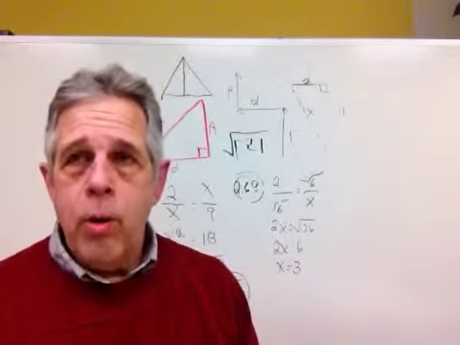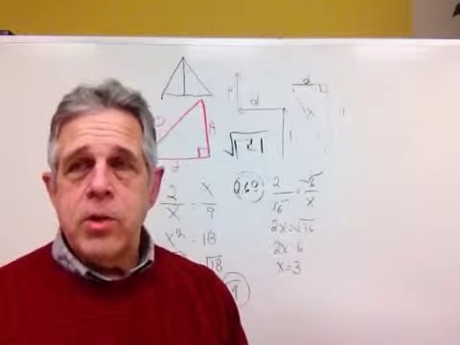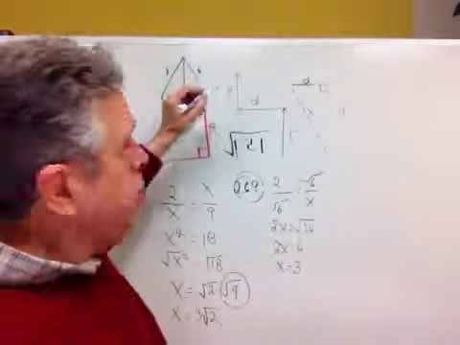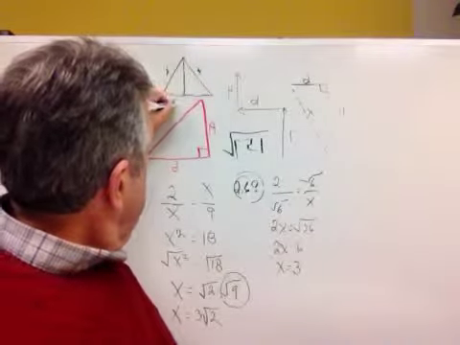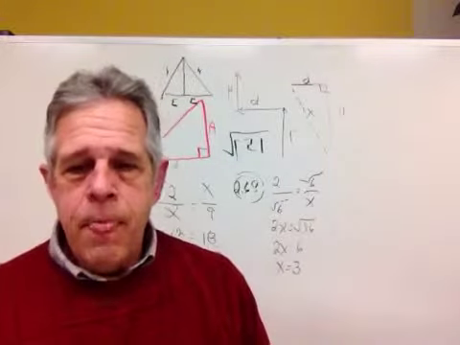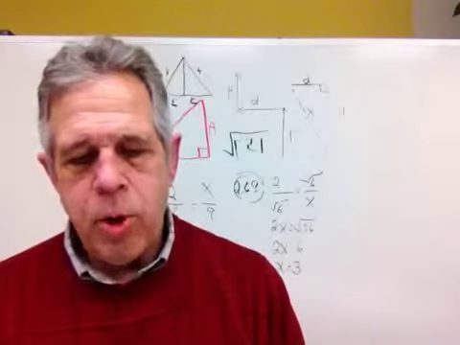We've done this before, and each side is 6 feet. So you have 6, 6, and the altitude will divide this into 3 for each of the other two sides.